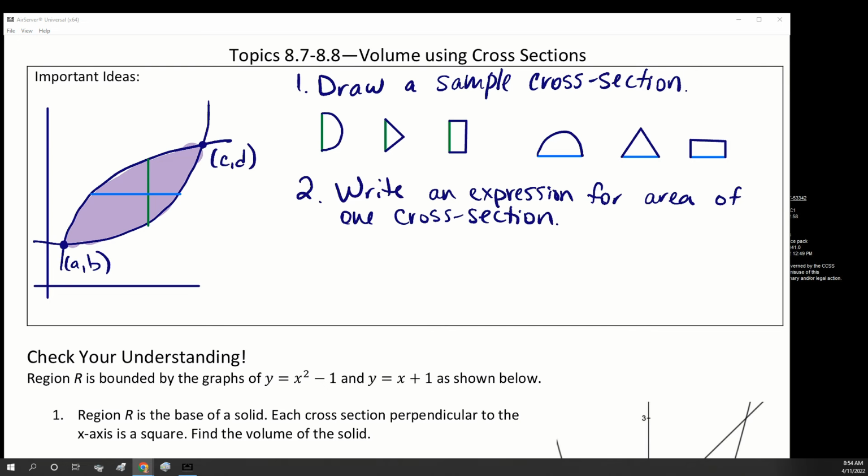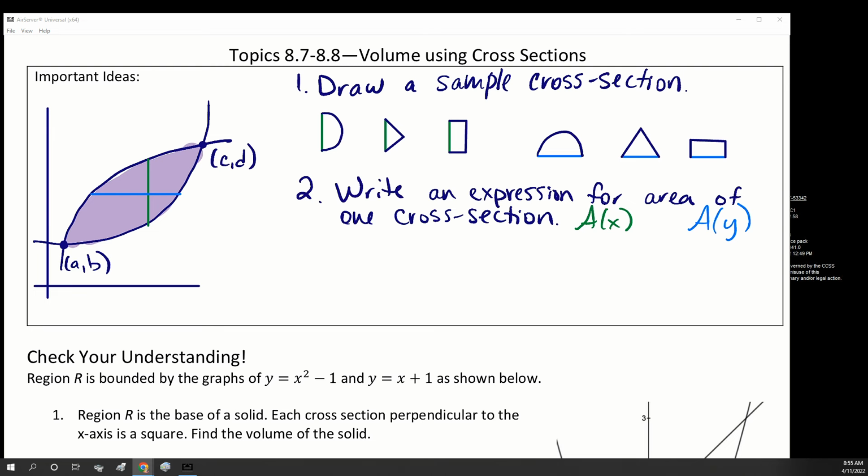And so if the base of your cross section is a vertical base, you're going to write that area in terms of x. And if your cross section has a horizontal base, we're going to write that in terms of y. So we've been doing that all along with all these volumes and even the area between two curves. So that's nothing different than what we have been doing.